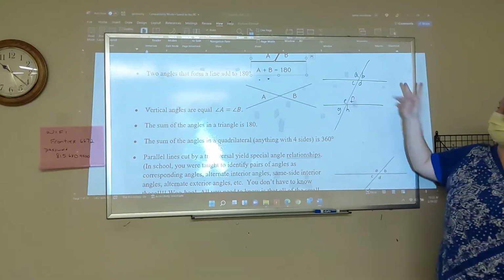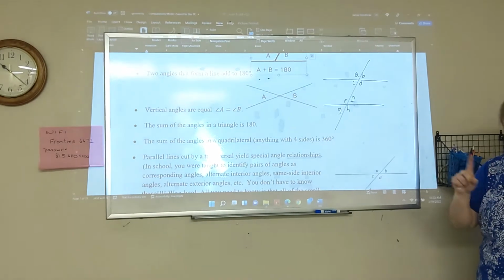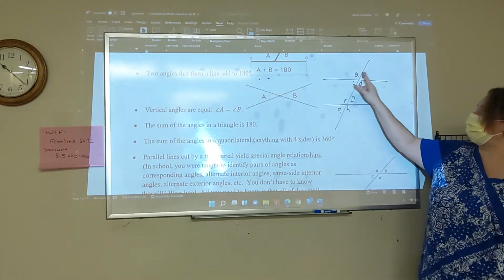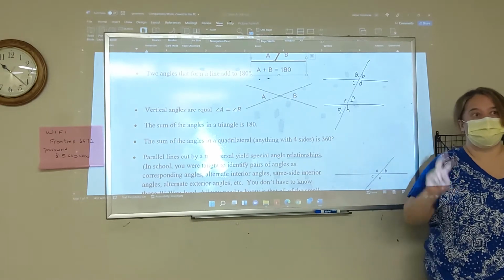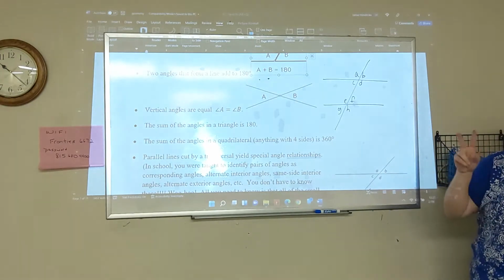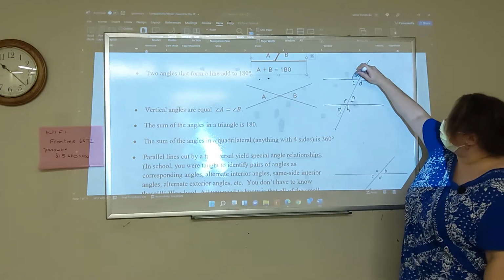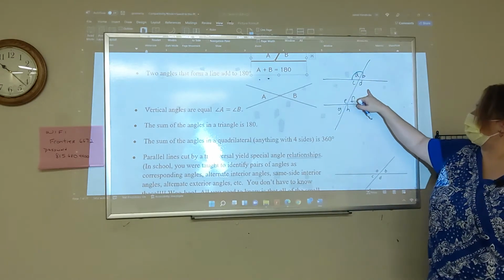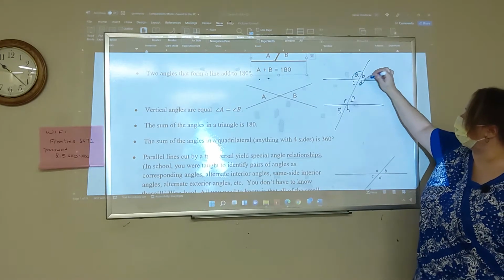Okay, first of all, we're going to look at a pair of angles. Let's look at A and B. If you look at A and B, there is an angle that is obviously larger than the other. A is obviously much larger than angle B, right? So for every pair of angles that makes a line, you're going to have one angle that's bigger than the other. So in this picture, we have angle A being a big angle. If we look at angle C and angle D, again, another pair, D is going to be your big angle out of those two.